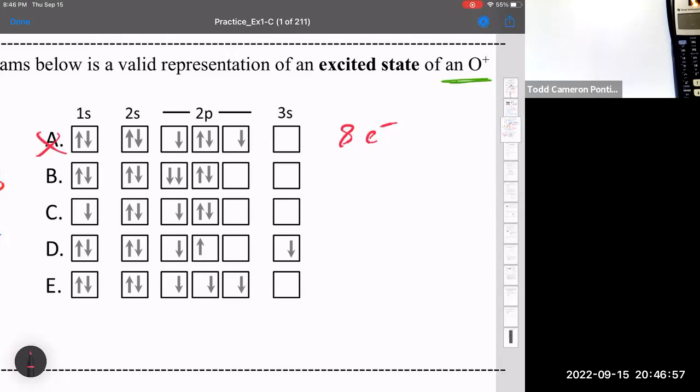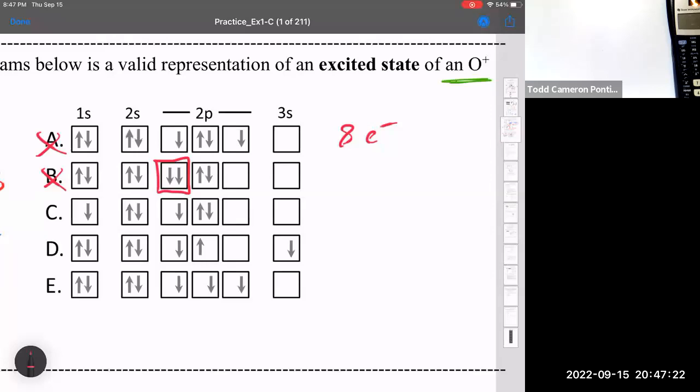B has an impossible electron configuration. This cannot be done. For an excited state, you can violate Aufbau principle, you can violate Hund's rule, but you can never have 2 ups or 2 downs in the same orbital. Just can't happen.